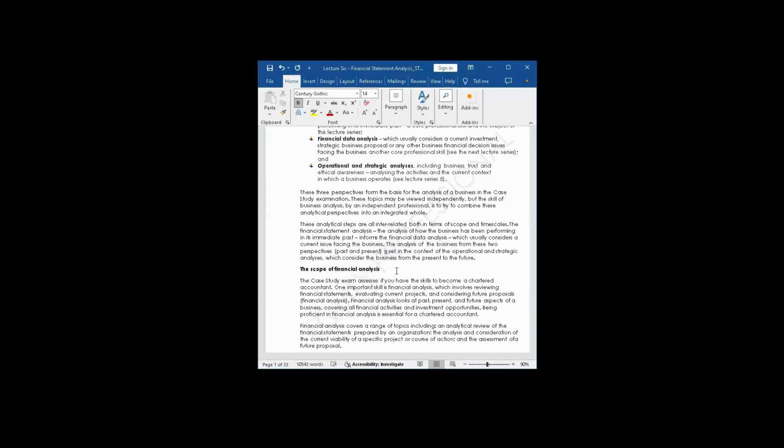You can also call that by a more fancy name, which is a statement of profit or loss. We also have the balance sheet, which you will call the statement of financial position. We have the cash flow statement, statement of changes in equity, and the notes to the account.